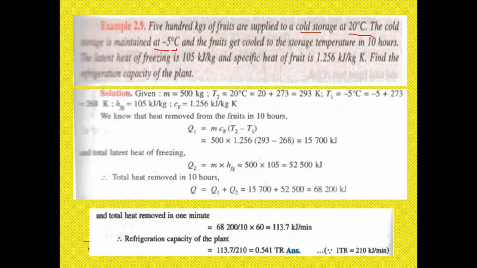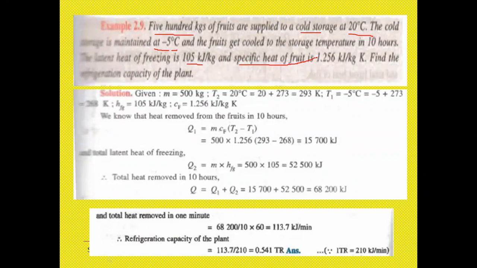So here the capacity of the storage is -5 degrees and the fruits get cooled within 10 hours. How many fruits? 500 kilograms. The latent heat of freezing is 105 and the specific heat of fruit is 1.256. Now what is to find? Find the refrigeration capacity of the plant.